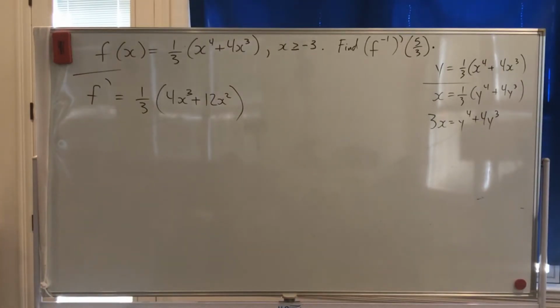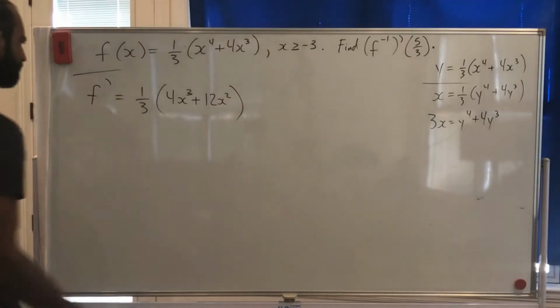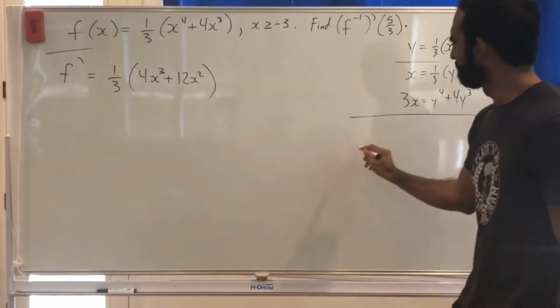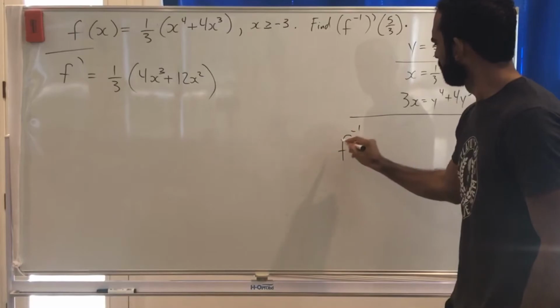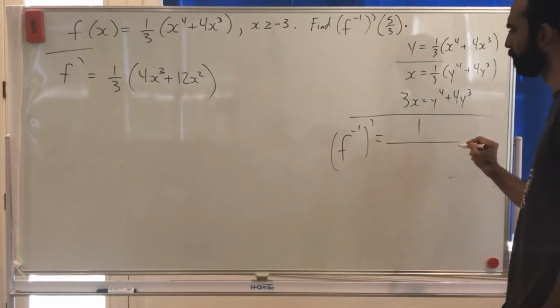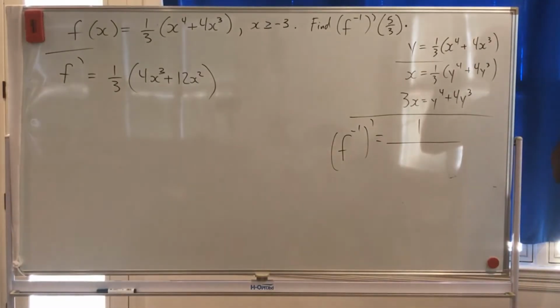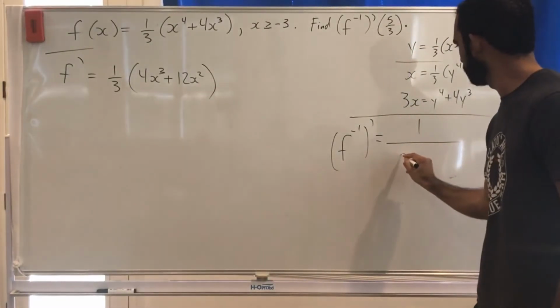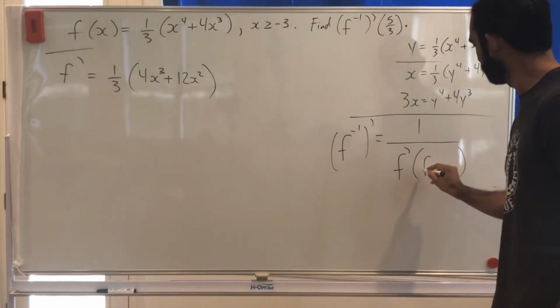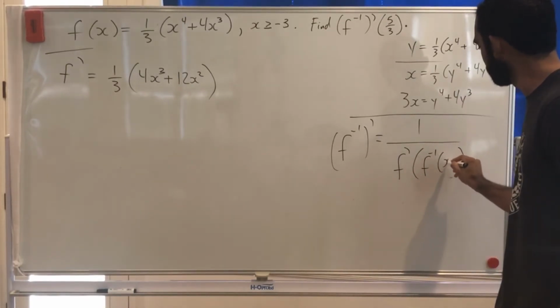Now, let's go ahead and set this up over here. I know the derivative of the inverse is 1 over what? Jordan, remind me. F prime of the inverse of f of x. Yeah, the inverse function evaluated at that particular x coordinate.